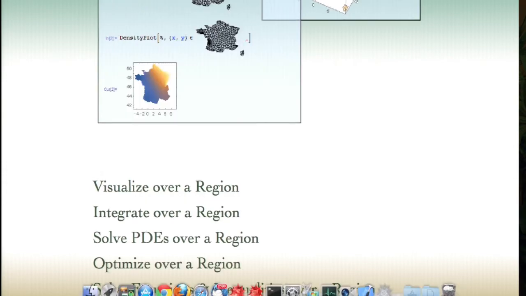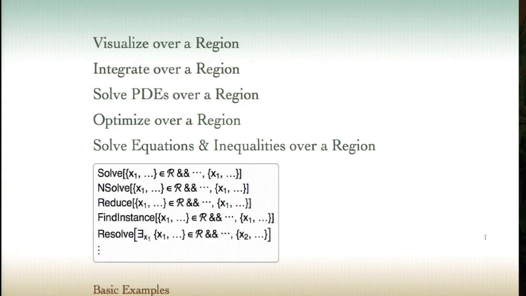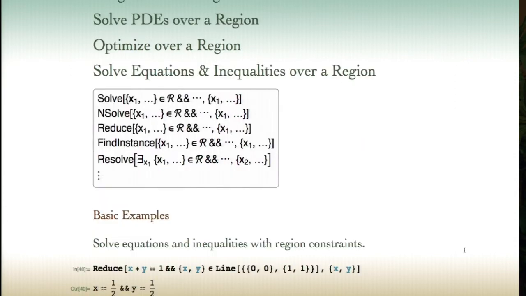So then we can solve, as you've already seen, optimization problems, equations and inequalities. We add them in like this. Okay? So if you want a sample point in a region, you can use, for instance, FindInstance to find a sample point in a region. Okay, so here is an example of a linear equation, and another linear equation, but it's camouflaged, using the Line primitive.